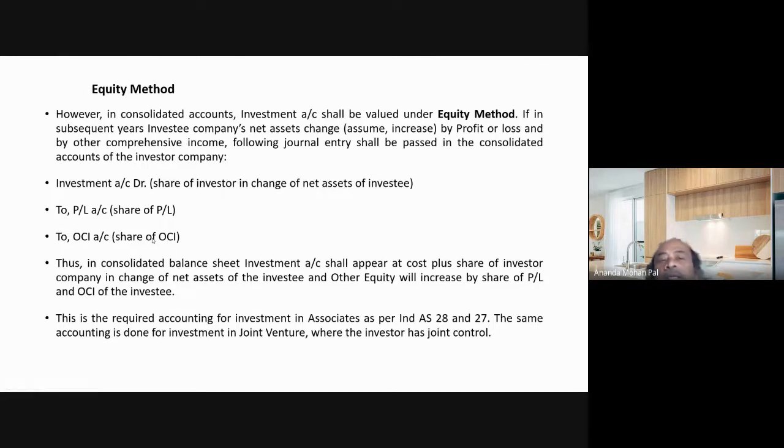So in the consolidated balance sheet, all the investor's own accounts would be placed, only the investment account would change by the change in net assets, and other equity would be affected by the share of profit or loss or other comprehensive income.